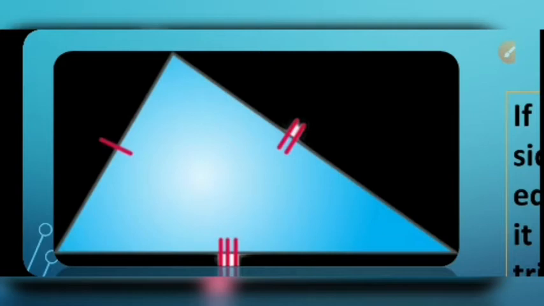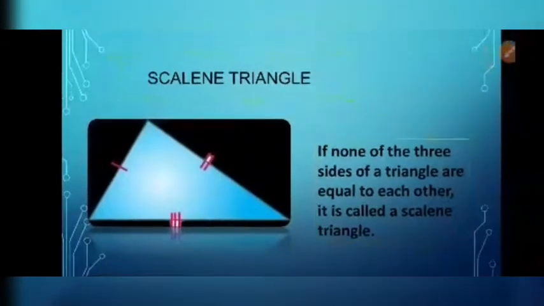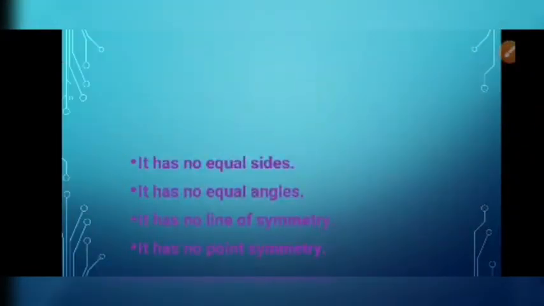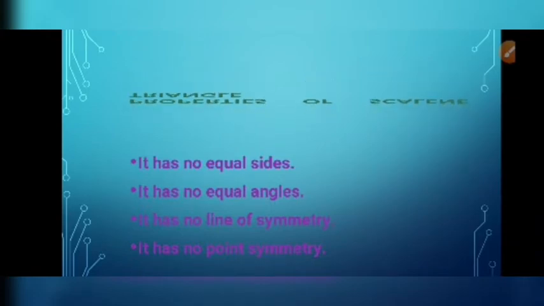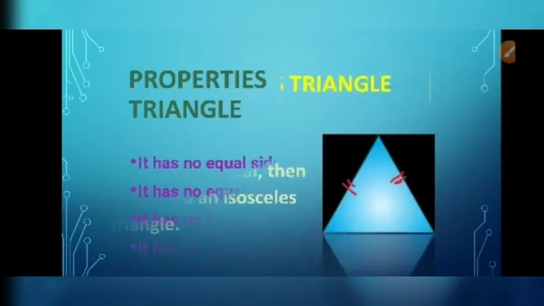The lengths are different. So, if the 3 sides are of different lengths, they are not equal in measure, then this triangle is called a scalene triangle. Now, observe the properties of scalene triangle. It has no equal sides. It has no equal angles. It has no line of symmetry. It has no point symmetry.